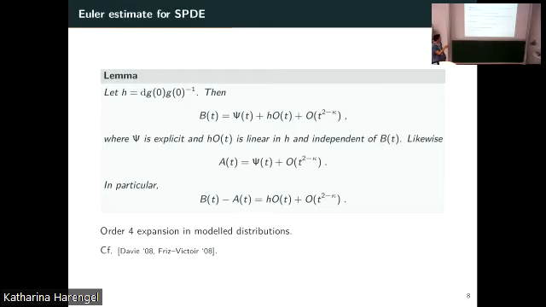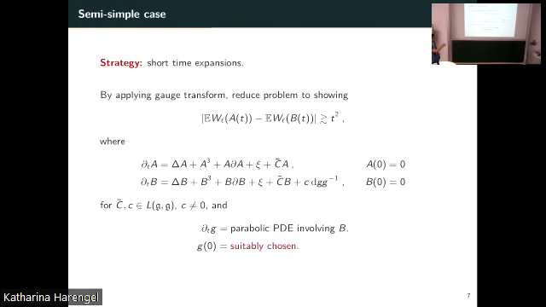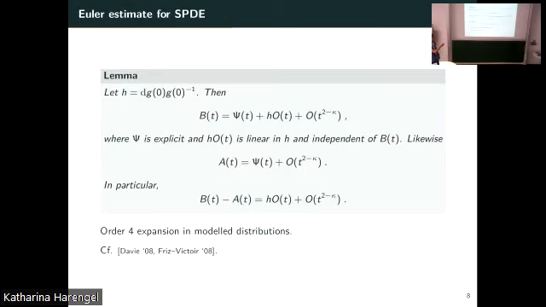Then we can write out the solution B to this PDE as some field psi that's explicit, at least in principle, and something that's linear in H and of order t, and something that's of order almost t squared.